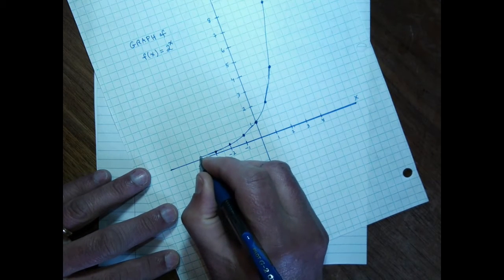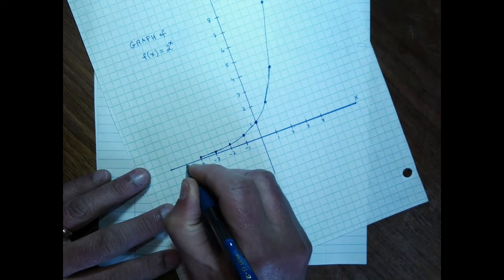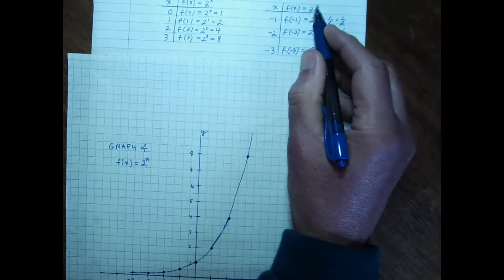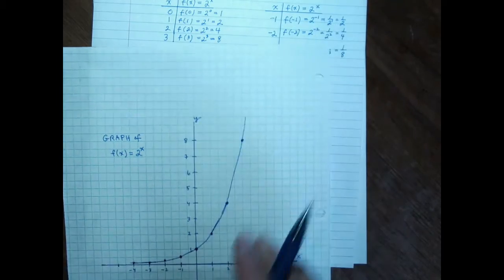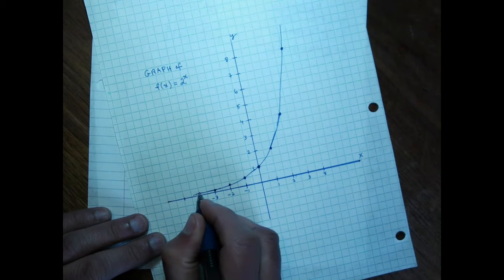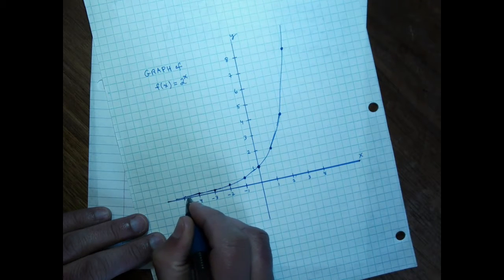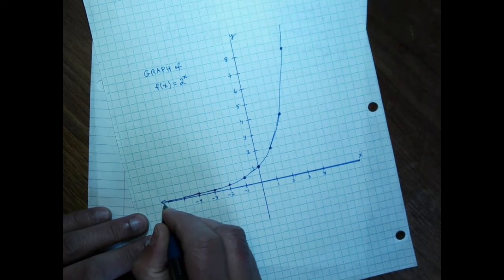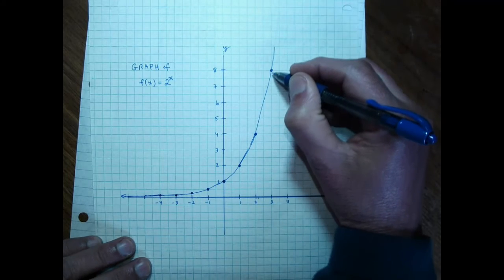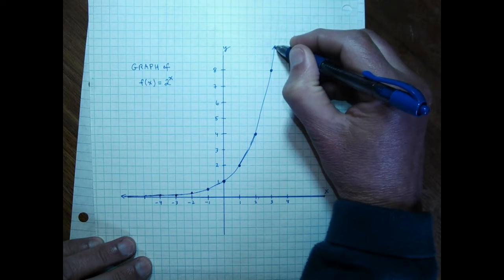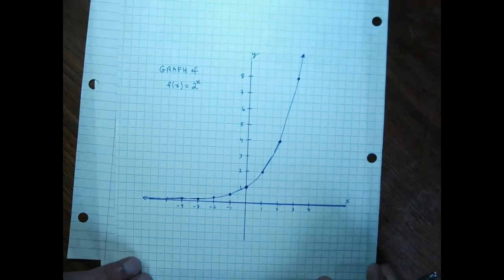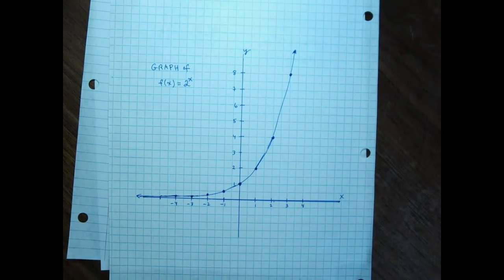In fact, as I look at values of x that are more and more negative, when I calculate 2 to a negative power, I'm always going to get a positive number, but a very small fraction. So I'm going to get closer and closer to the x-axis without touching it. As x gets larger, though, these y values just take off, becoming bigger and bigger as I move further and further to the right.